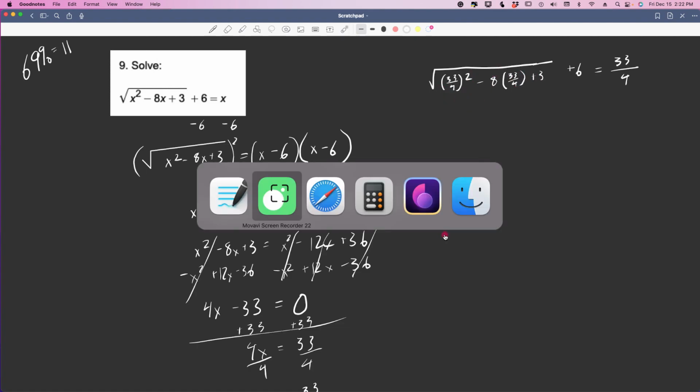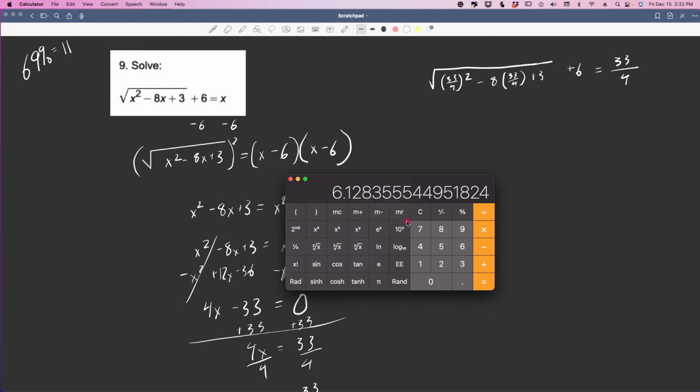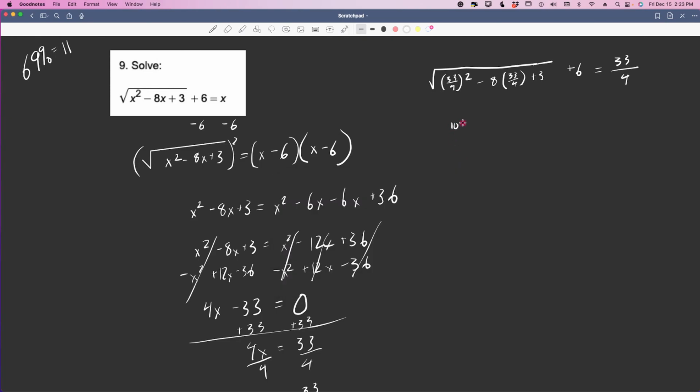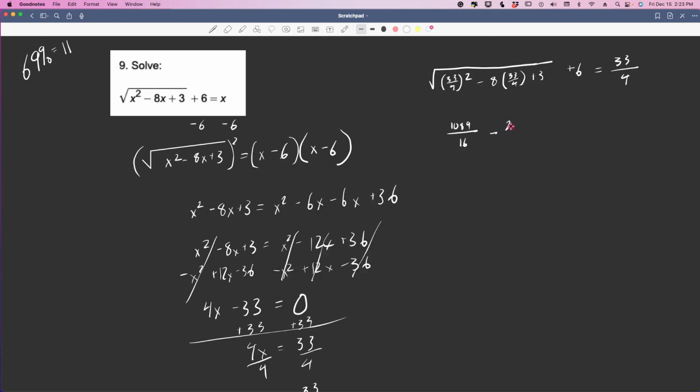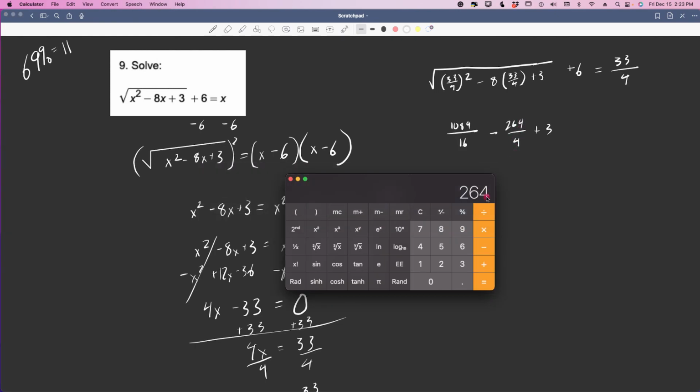So let's do 33 times 33 equals 1089. So 1089 over 16 minus 8 times 33 is 264 over 4 plus 3. All right, so let's see if we can divide 264 by 4.